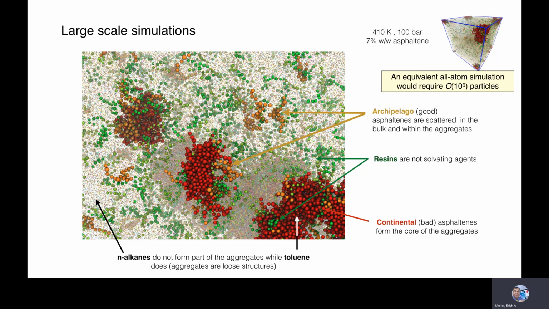To perform this simulation with an all-atom model would have required in the order of several millions of particles, something which is well beyond what we would normally want to do for the time scales that were needed to see the aggregation.